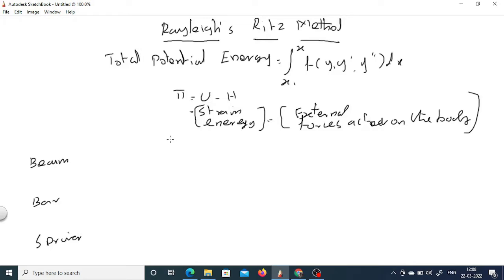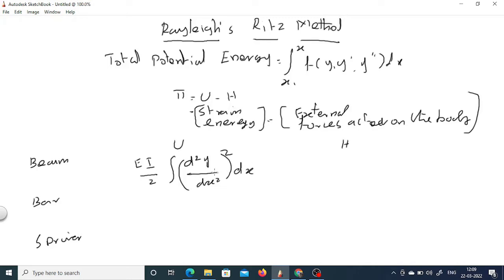So if we have a beam problem, we should be aware of how to identify the internal energy or strain energy, and also how to identify the external forces. For a beam problem, the formula for the strain energy is EI divided by 2, integral of d square y by dx square, whole square, dx.